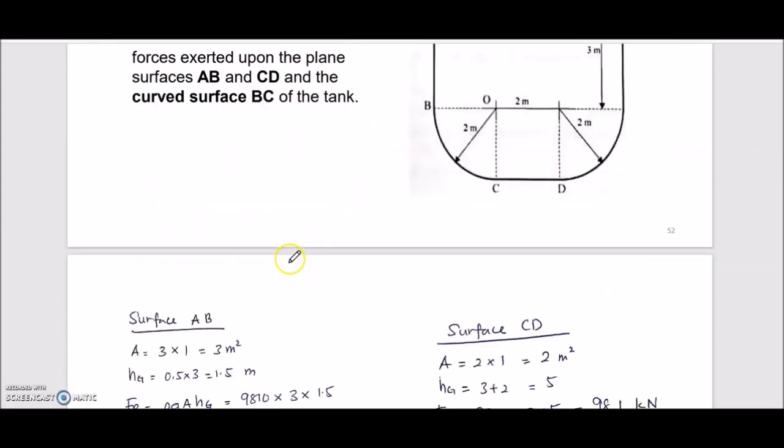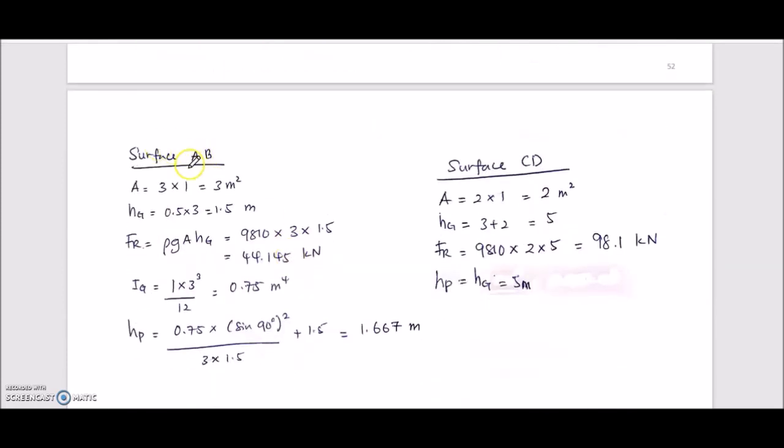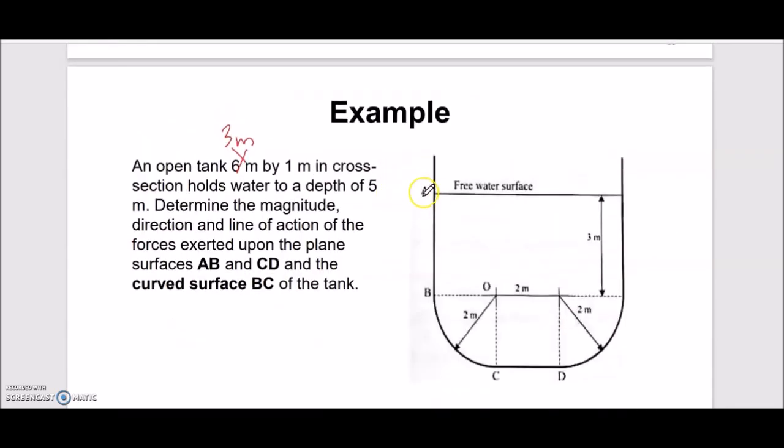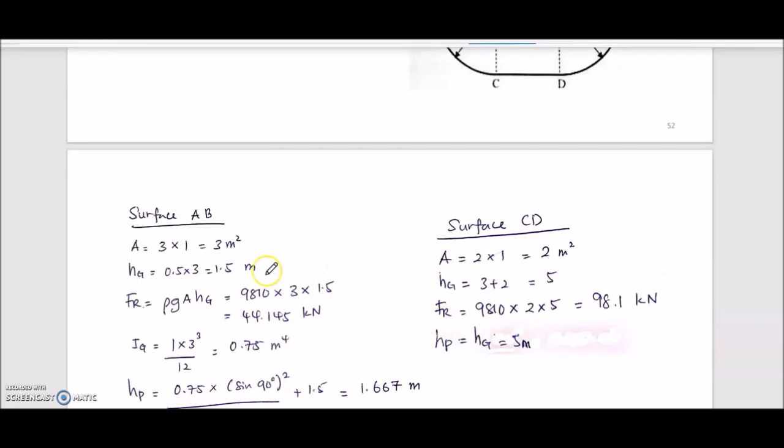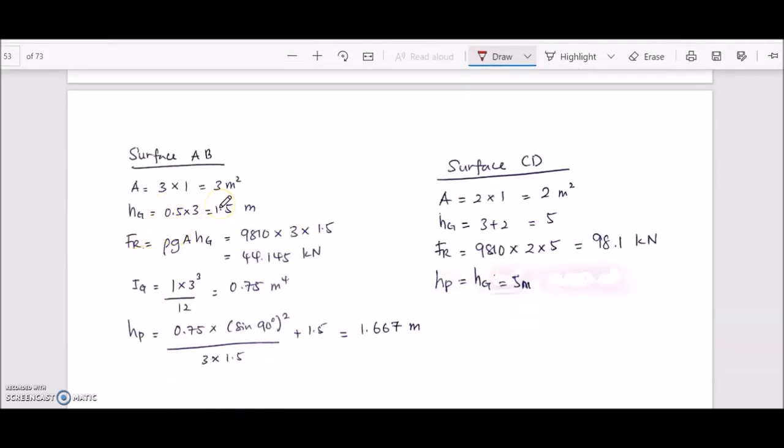Now let's look at the surface AB. Where is the AB? It is from here to here. Therefore, we have the area with 3 meter depth and B is 1.